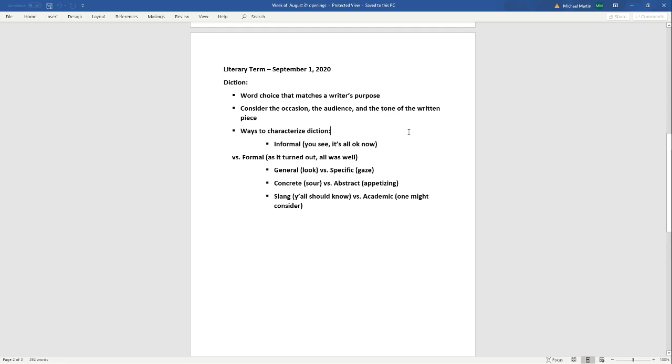The tone is basically the author's feelings towards the topic that they are writing on. So the feelings reflect what kind of words they will use. Usually if somebody's writing in an academic manner about something, they take it very seriously or have a very serious point to make about it.